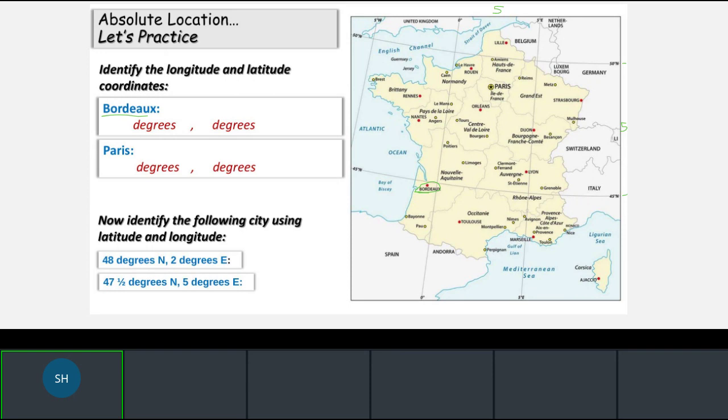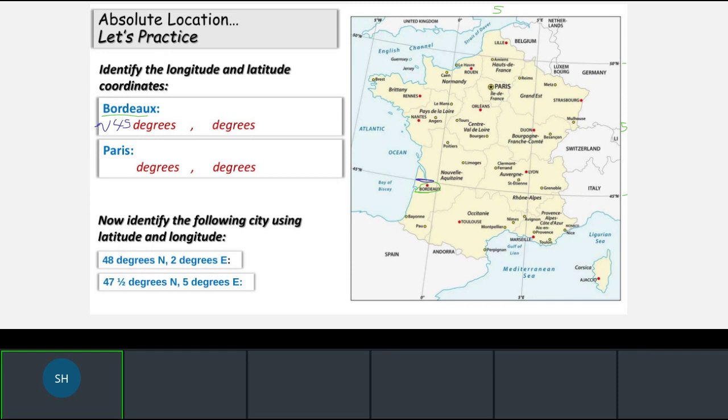You'll notice that 45 degrees north. Remember, we always go up or down first. We know that Bordeaux is right here near the 45 degree line. So it's going to be approximately, and this is the word to use, approximately, say 45 degrees. It's actually a little under.